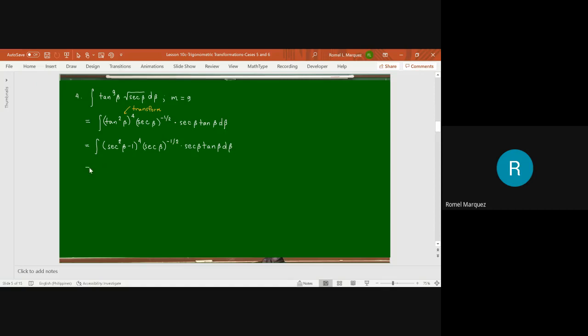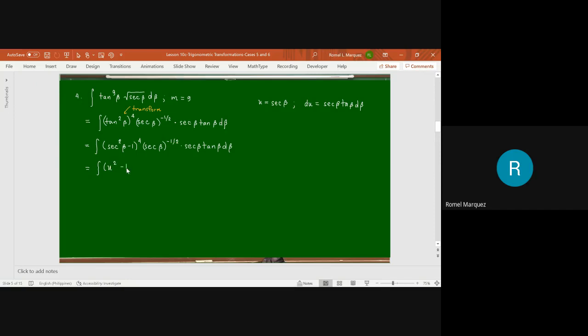Okay, guys? Now, if you want, you can immediately have it in terms of u. So in terms of u, we have u is secant of beta, and then du is secant beta tangent beta d beta.